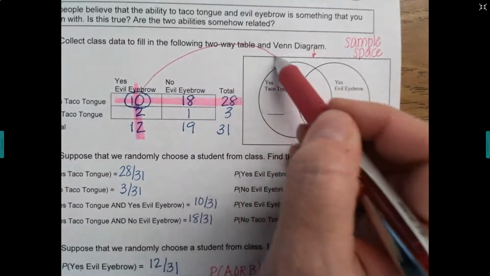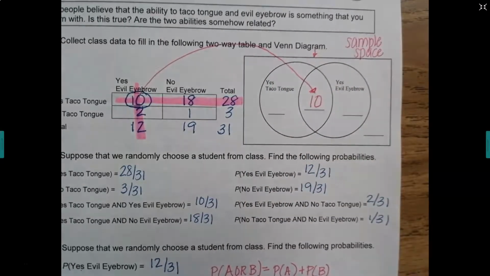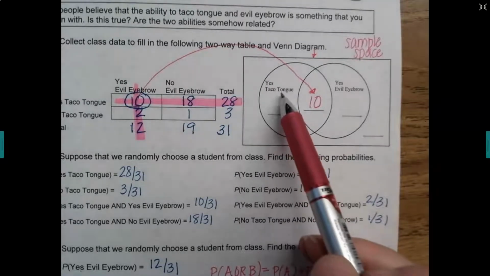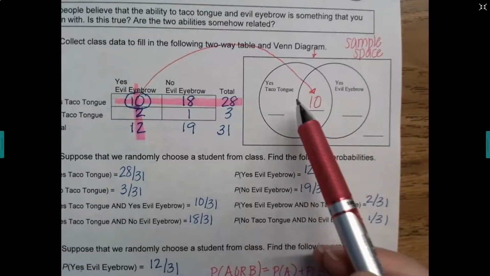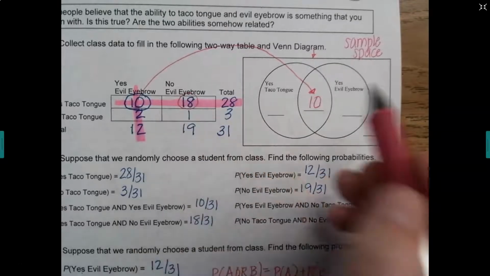Okay, so I'm going to just draw an arrow to say it's going to go right over here. Okay, now we have people that are just yes, taco tongue. So that means yes, taco tongue, and no to the evil eyebrow. So that's this number right here. That's the 18.